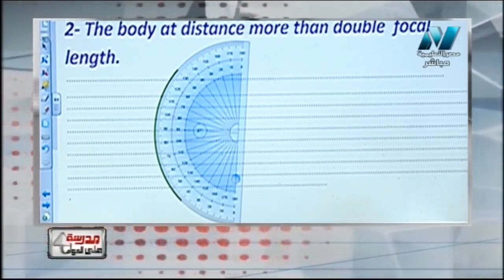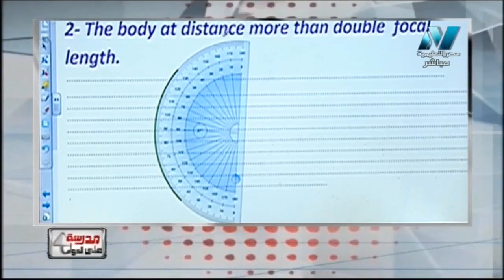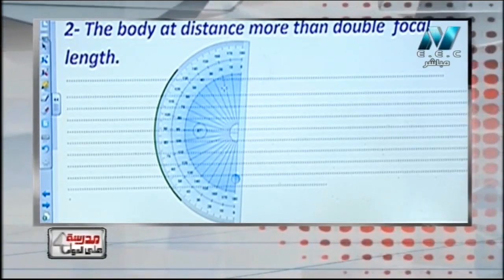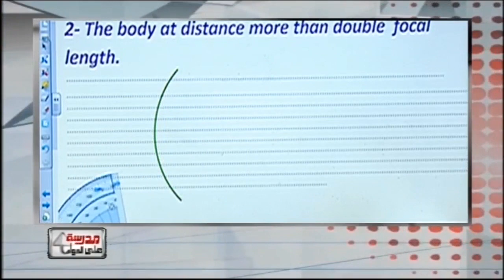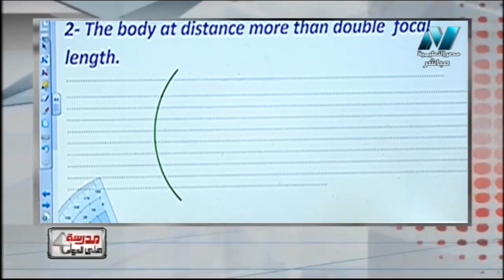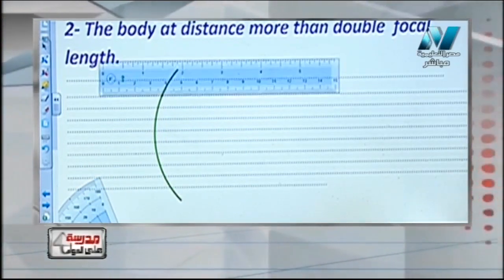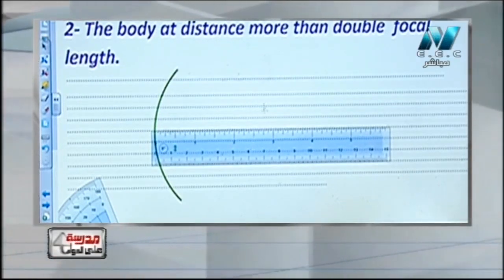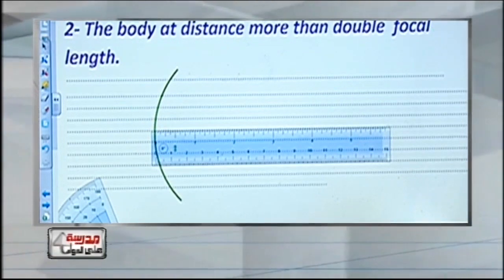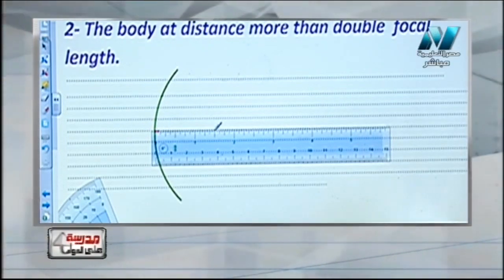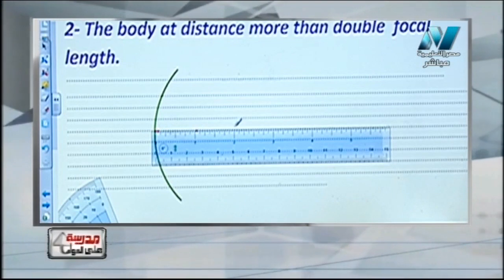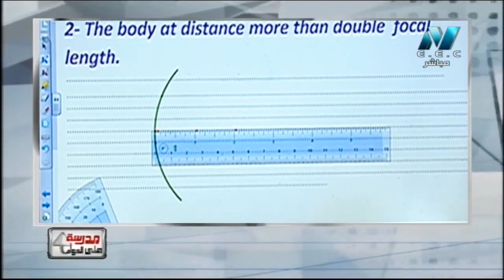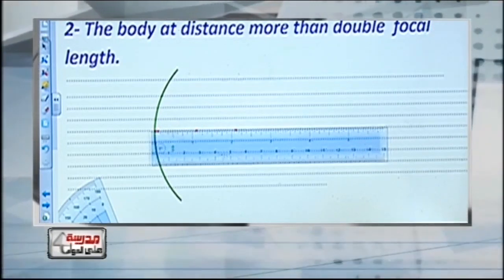After using the arc, we will use the ruler to draw 2 equal distances, P, F, and C. Then we will draw the principal axis.